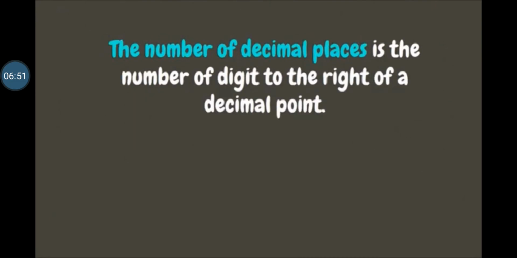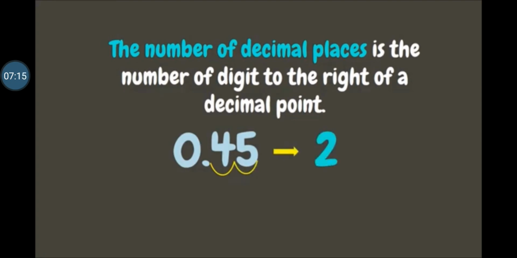The number of decimal places is the number of digits to the right of a decimal point. We have a number 0.45. Let's count its decimal places. It has 2 decimal places.